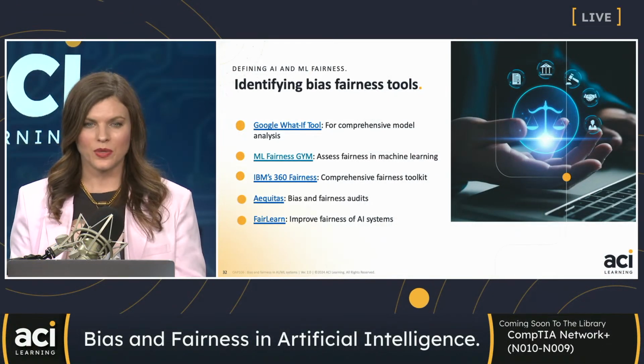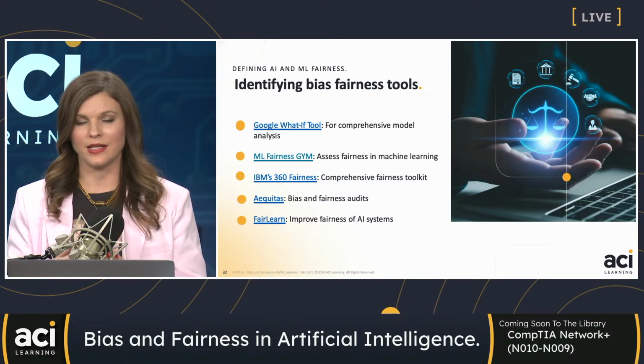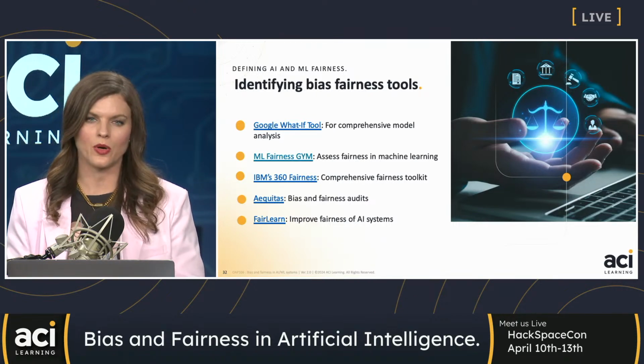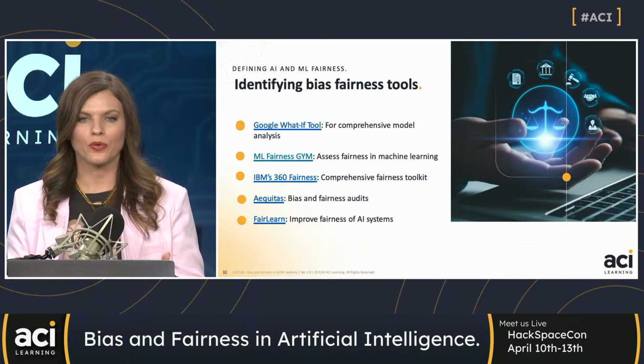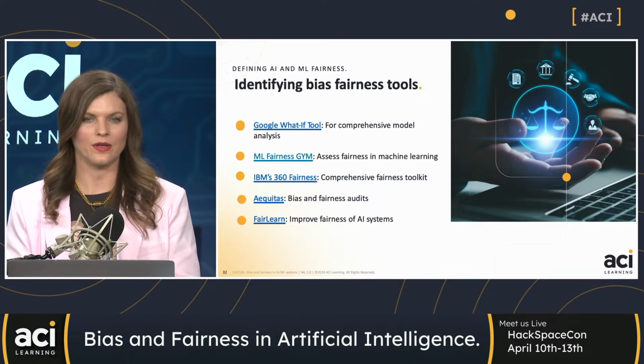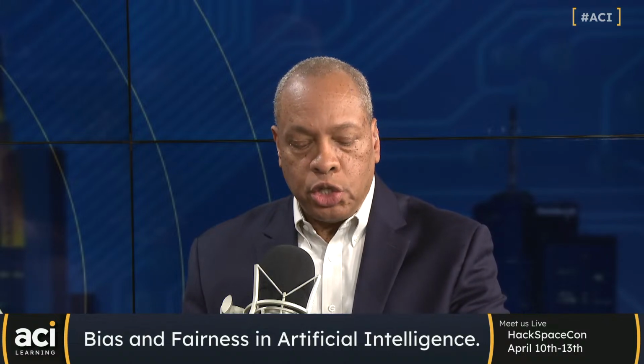And then the last one is Fairlearn. I see it as a very valuable resource for organizations looking to improve the fairness of their AI algorithms. So we have a lot of different tools, and of course, new ones are emerging every day that will help us navigate this space. So, what other things should we know and do that will help us get closer to that ideal state?